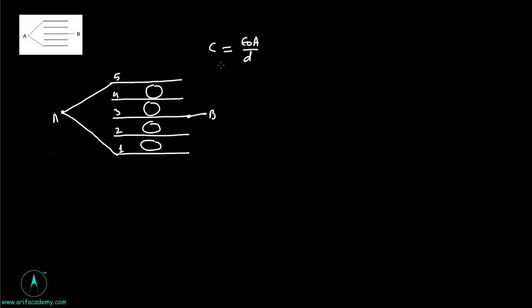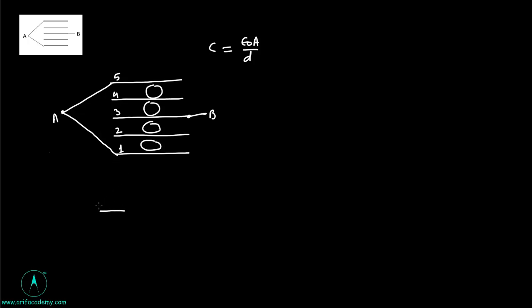Name them 1, 2, 3, 4 and 5, and 1 and 5 are connected as point A, and plate number 3 is point B. So 4 capacitors will be formed, and each capacitance will be epsilon naught A by D. So we have to see in what way these plates are connected to form the capacitors.